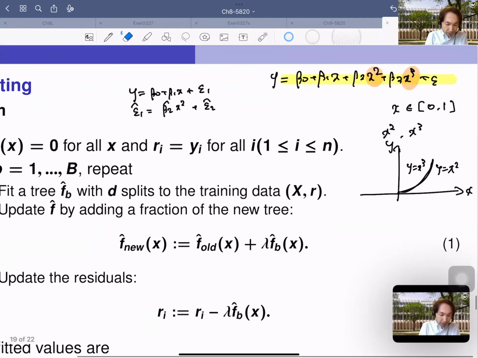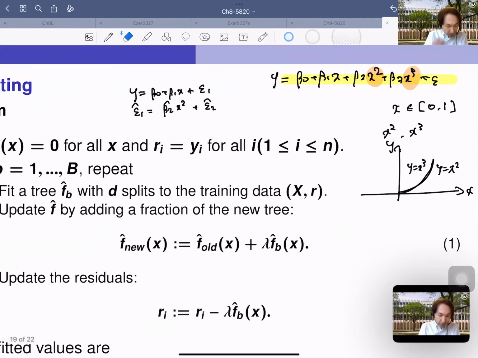Sorry, x1, we fit the model, then we get the residual.